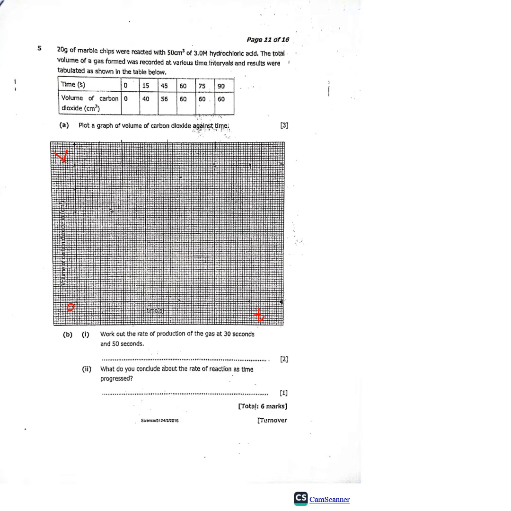So here we have a 0. Now, the way science graphs come is we are expected to make our own graph. So let's make our own graph. Here we can see 15, then the second one 45, then we have 60.